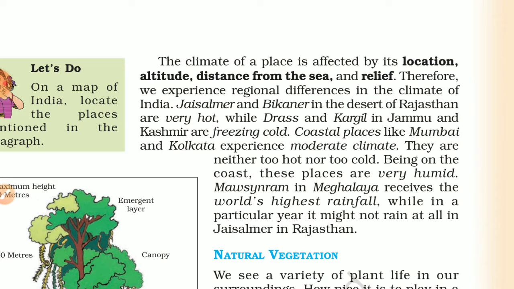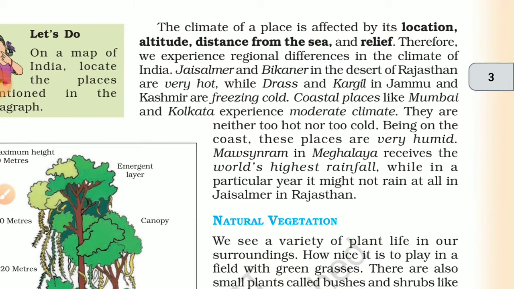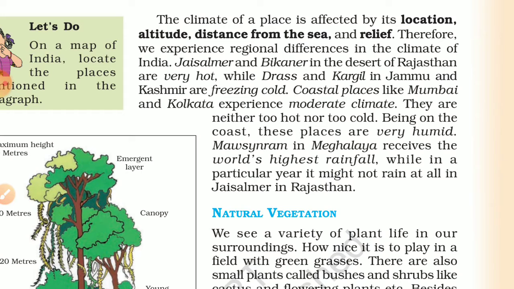So basically, देखो, Jaisalmer and Bikaner are the desert areas of Rajasthan. They are very hot areas. While you will see freezing points in areas like Kargil, Jammu and Kashmir, and Leh Ladakh, these are the freezing or cold areas. And if you look at coastal areas like Mumbai, Kolkata, and Tamil Nadu, there is a moderate climate.